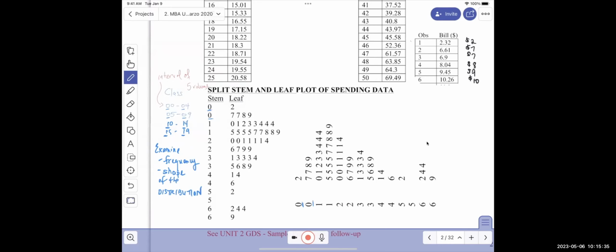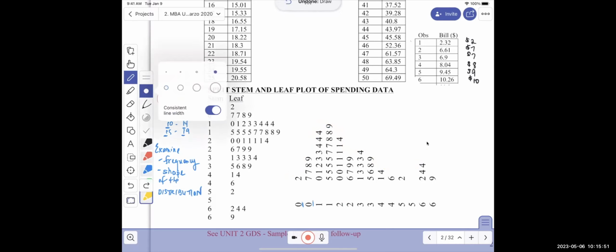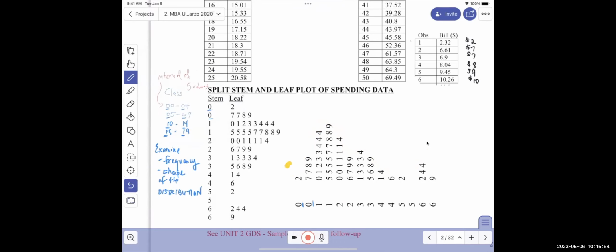So I have some options. I think that if I had more data, it would follow... Oh, hold on. I'll make it a little thinner. So is this the pattern that I think if I had more data, it would look like? So when I say more data, I mean so much data that it represents the population.